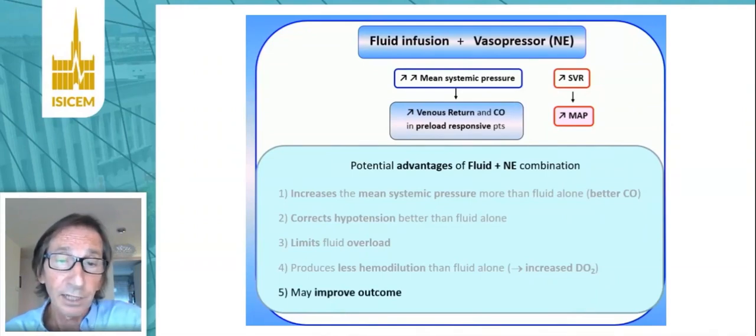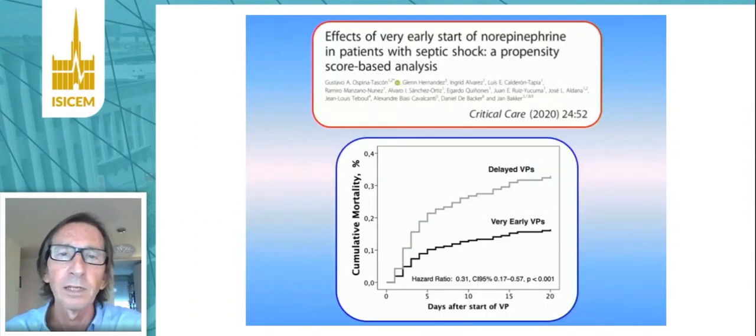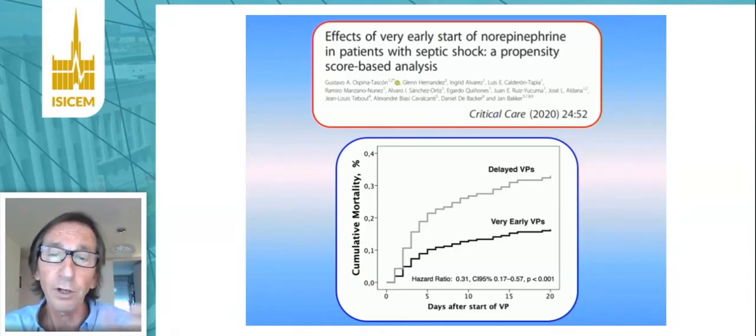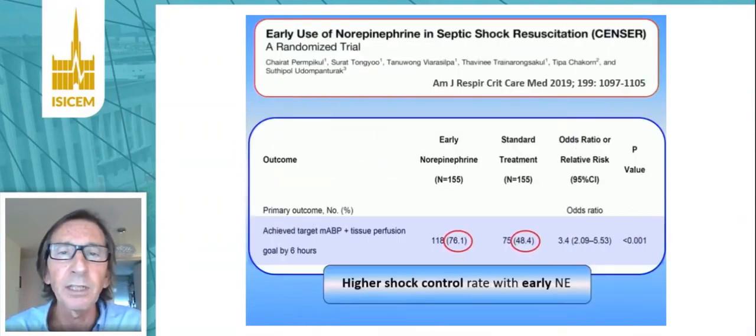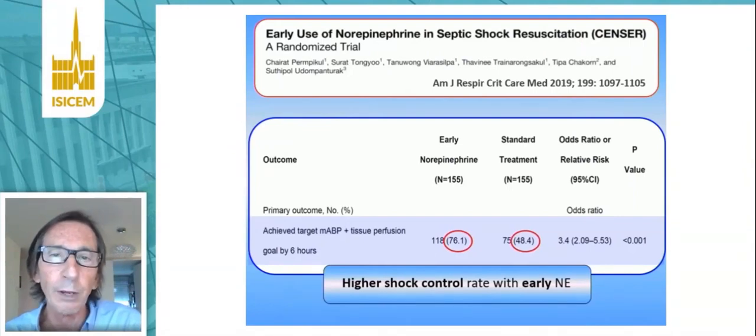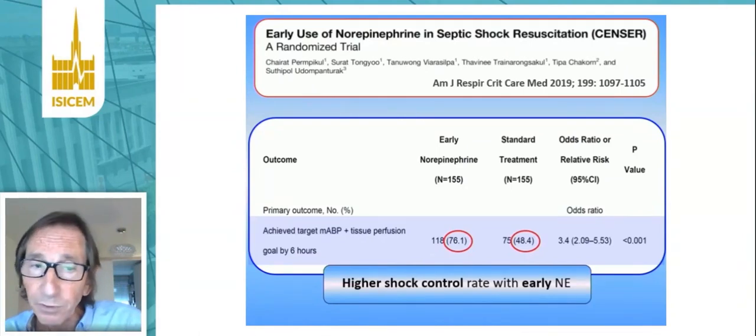And the fifth advantage is that this combination may improve outcome. It is very important. In this study with Gustavo Spina, Tascon, we showed that the very early administration of norepinephrine was associated with a decreased cumulative mortality, but it was a retrospective study. This prospective randomized controlled trial, a monocentric trial in Thailand, showed that the group of patients who received norepinephrine early had a higher shock control rate compared to the standard treatment.